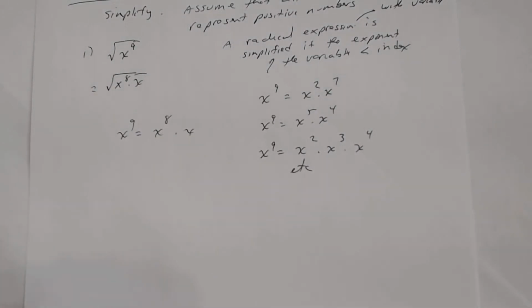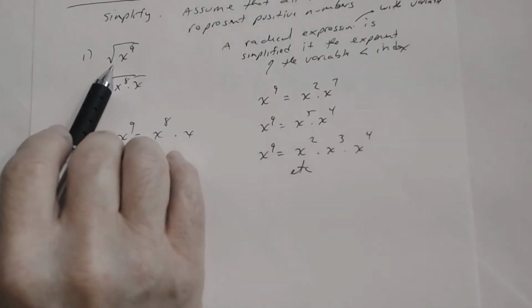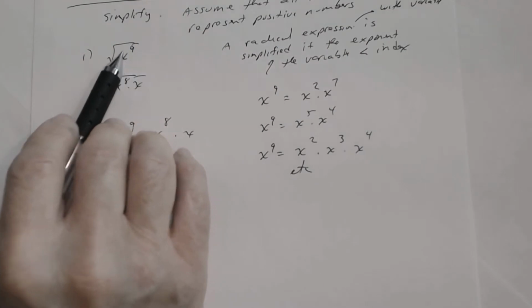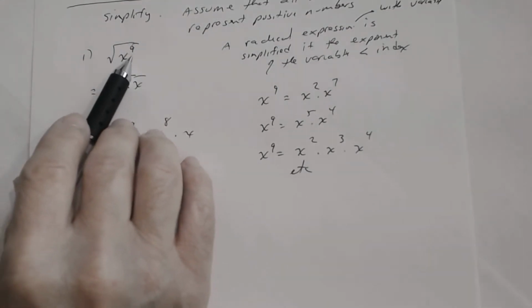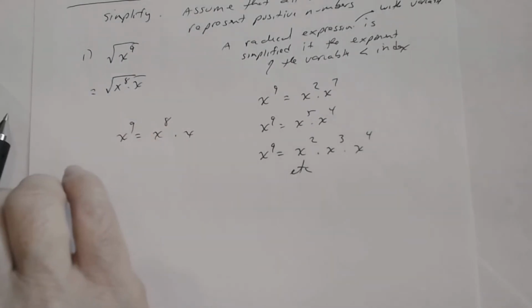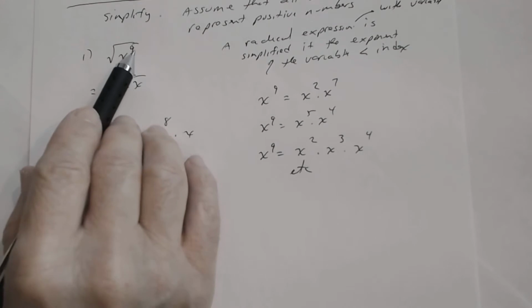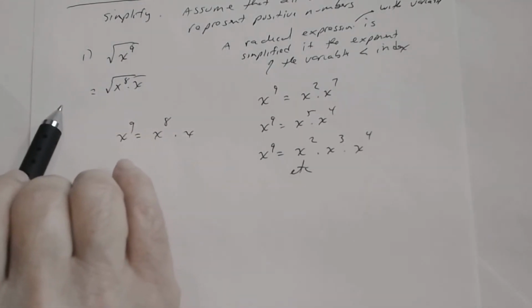So again, let me mention it again. When simplifying a square root of a variable raised to a power, I can simplify this further because the exponent is greater than or equal to the index. If the exponent is less than the index, I cannot simplify it further.